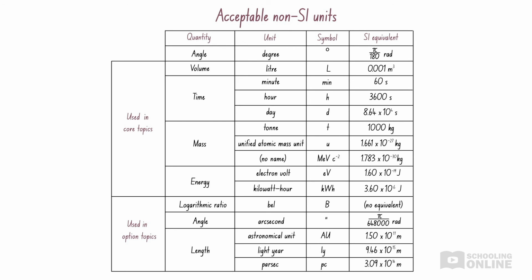Sometimes we use units that are not SI units. This table shows all the units that are not from the SI unit system, but can be used in physics. Just like before, each unit has its own name and symbol. Pause the video here if you would like to read through this table.